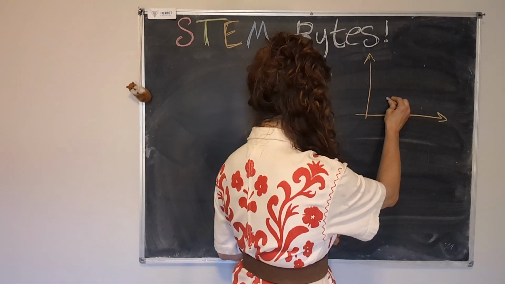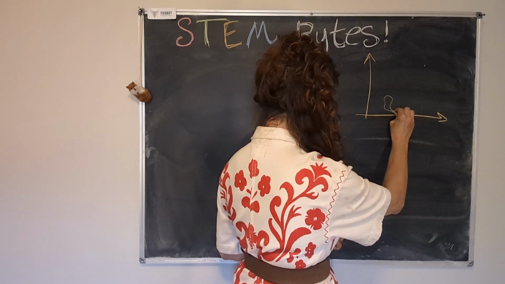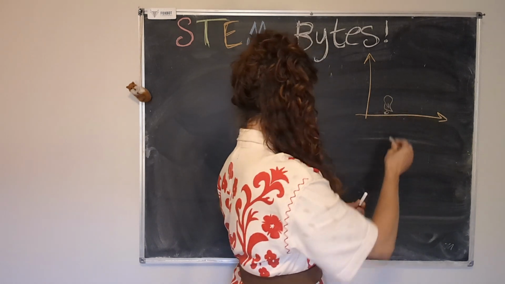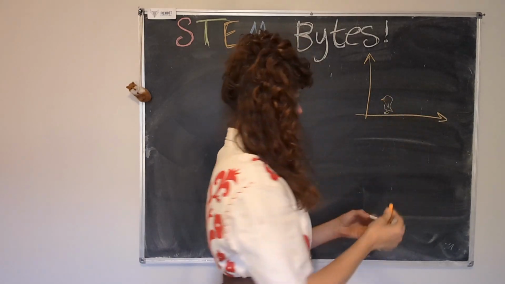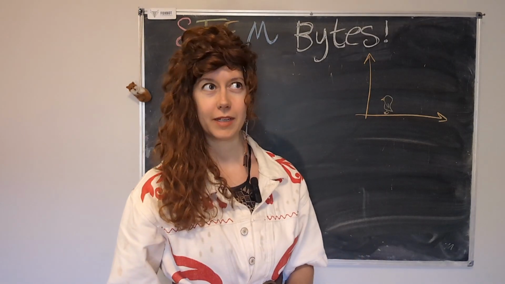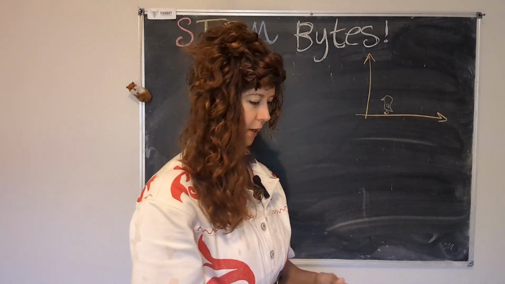Okay. So we have a penguin. Let's see if I can draw a penguin. Sure, that's good enough. Okay, there's our penguin. And our penguin is going to have a flash of light because we need to keep things simple here.